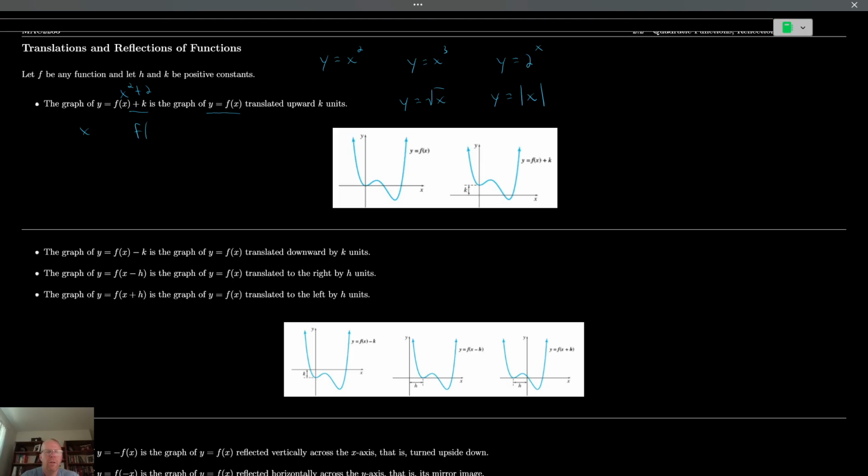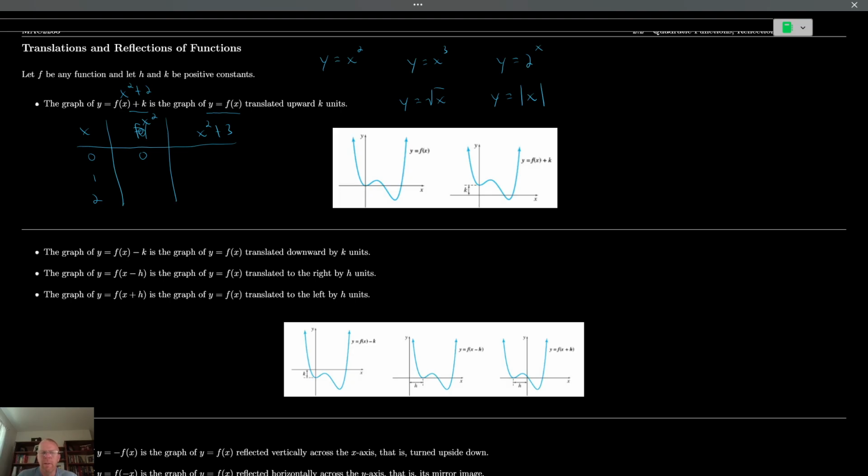Let's use x squared, and then we'll do x squared plus 3. You just make a little table and pick a few values. You don't have to do many; you can see the pattern pretty quickly. If f of x is x squared, f of 0 would be 0.